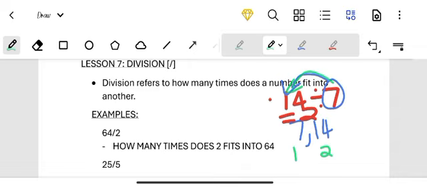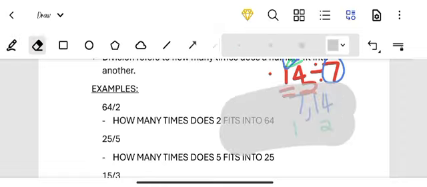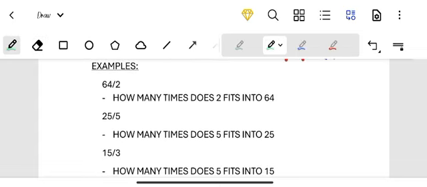Okay? So let me jump to this one, whereby we will be dealing with large numbers or big numbers. I gave an example there that we have 64 divided by 2. So when you are dividing, you are trying to check, okay, how many 2s fit in 64? Or how many 2s are inside 64? Another example is 25 divided by 5. You ask yourself again, how many 5s are there in 25?